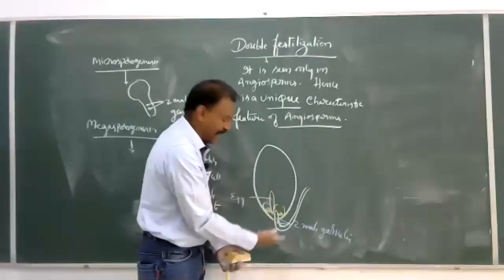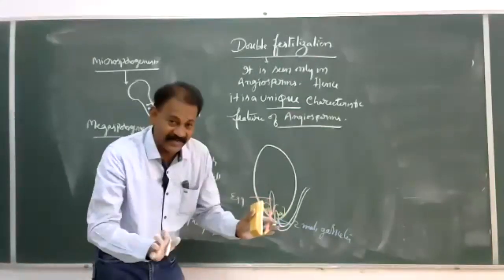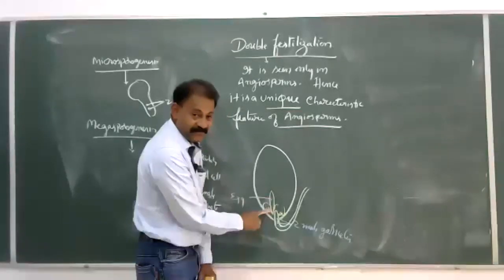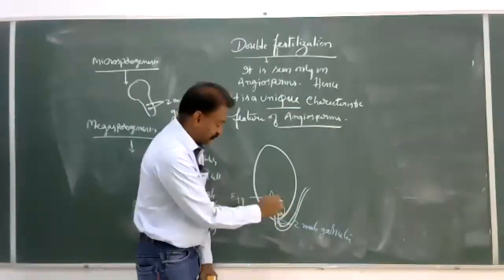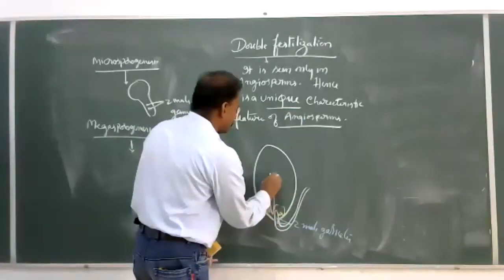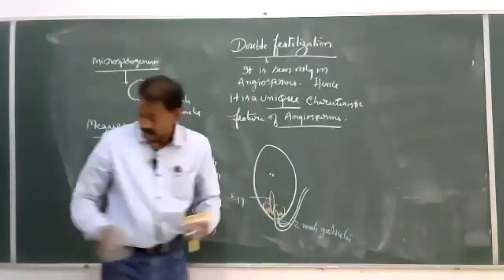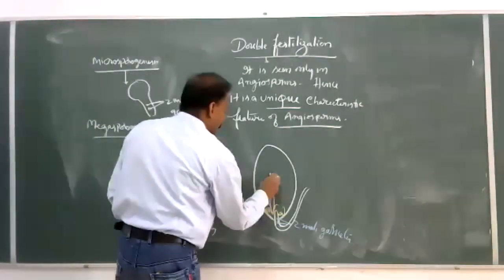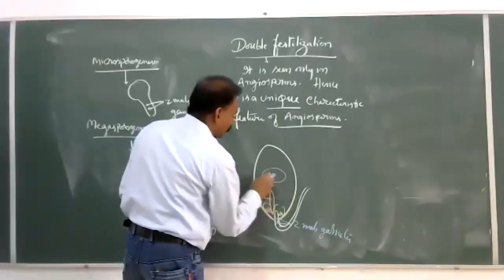By the entry of the pollen tube, the synergid is aborted, broken down. So only one synergid will be there. One synergid is removed, broken down, ruptured, aborted. This is the central cell with two polar nuclei.